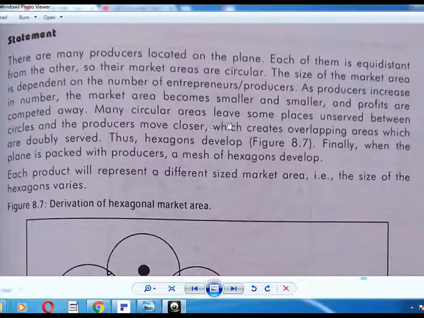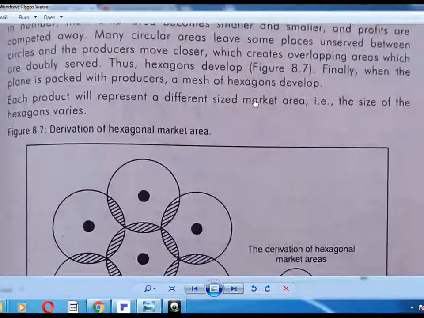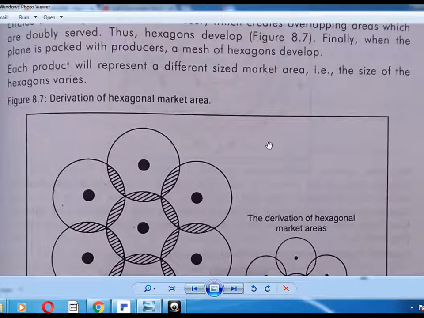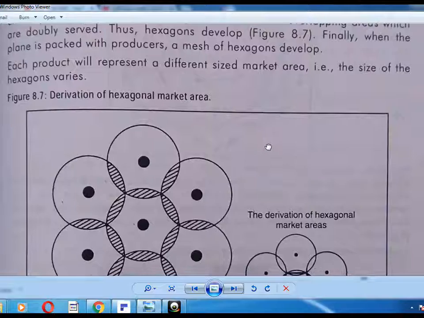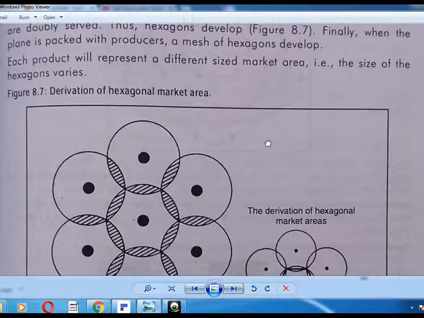Many circular areas leave some places unserved between circles, and the producers move closer, which creates overlapping areas which are doubly served. Thus hexagons develop. Finally, when the plane is packed with producers, a maze of hexagons develops.